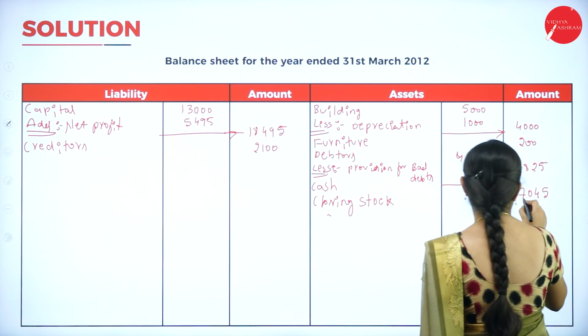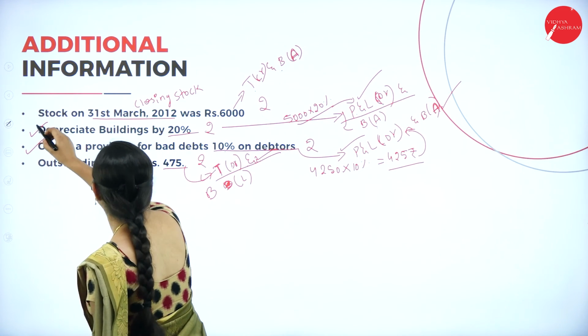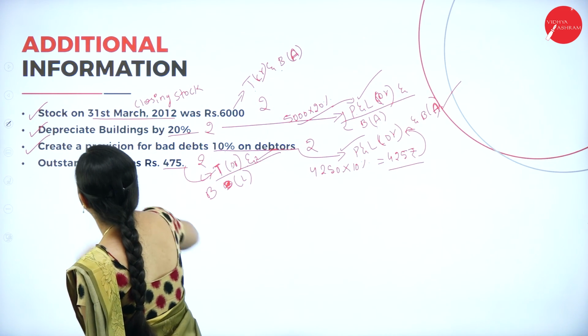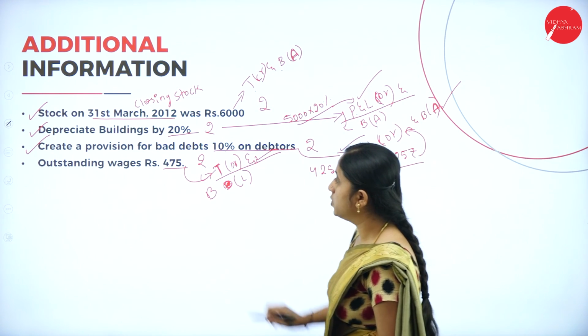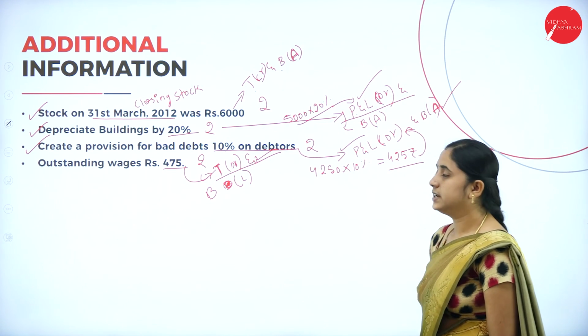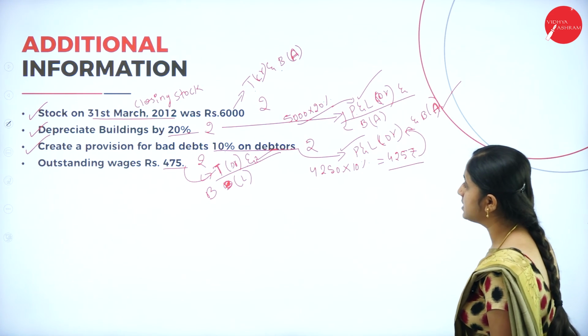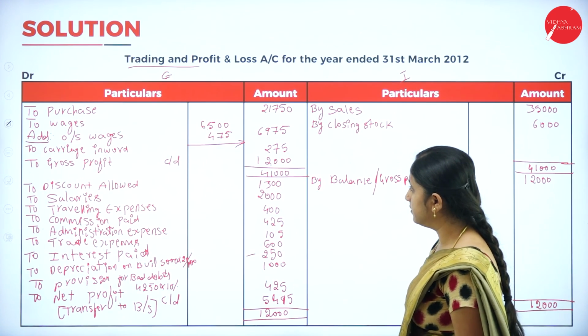So closing stock is in trading account and balance sheet. So closing stock adjustment finished. Then we have outstanding wages. We'll consider it in trading account and we need to consider it in balance sheet liability side. So write outstanding wages, liability side, 475.